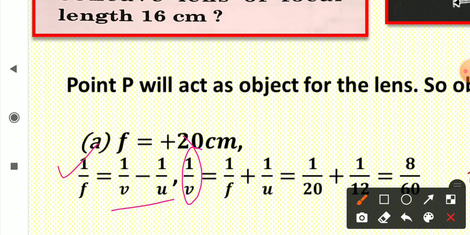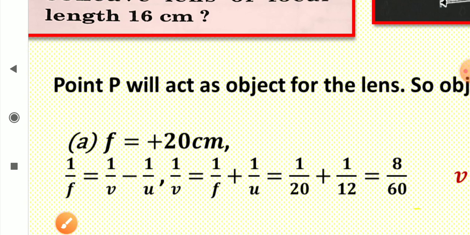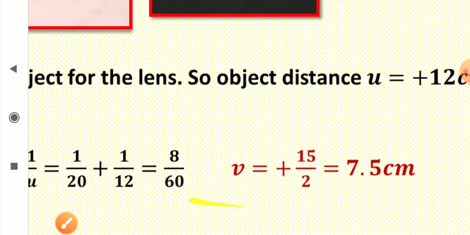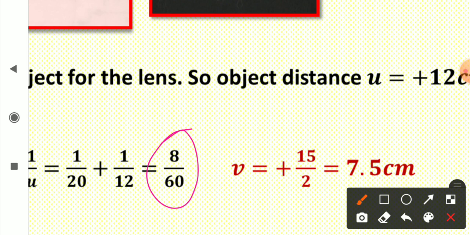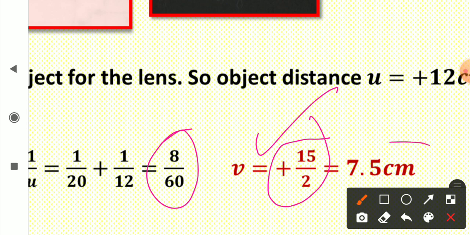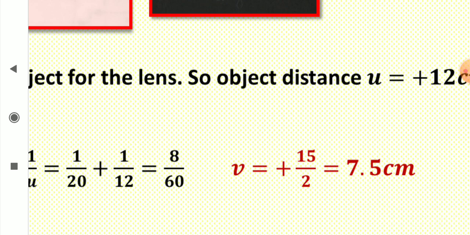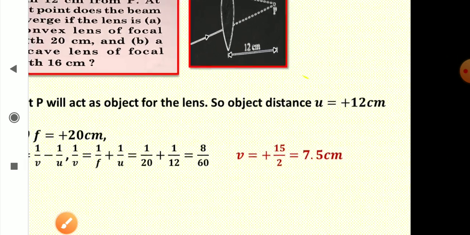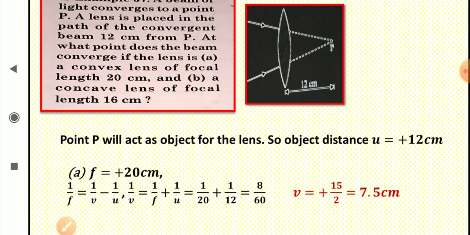So, keep this 1 upon v on left hand side and take the other to the other side. You get 1 upon f plus 1 upon u. Put the value of f and u, both are positive. Take LCM and simplify. You get 8 upon 60. Take the reciprocal. You get v is equal to plus 15 upon 2 centimeter or 7.5 centimeter. So v is 7.5 centimeter.